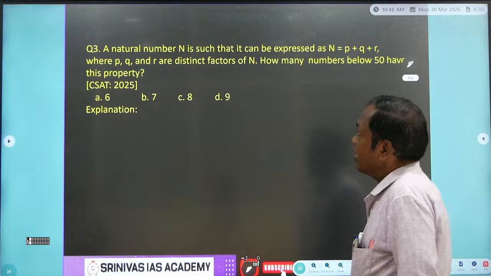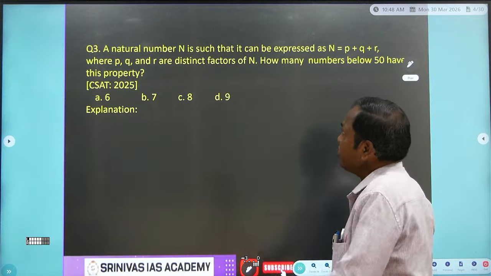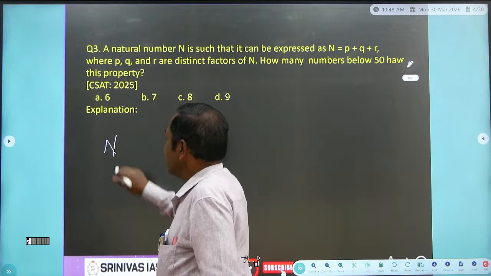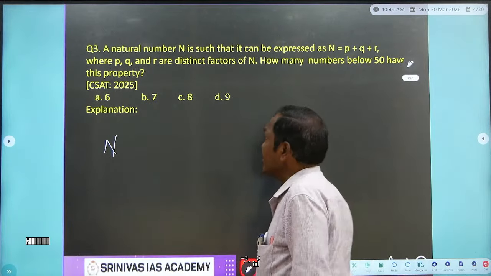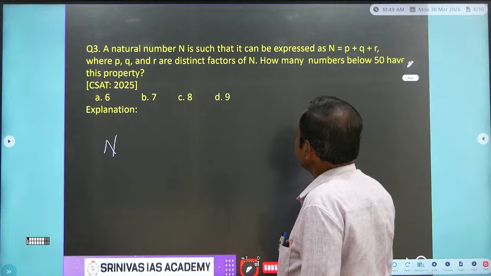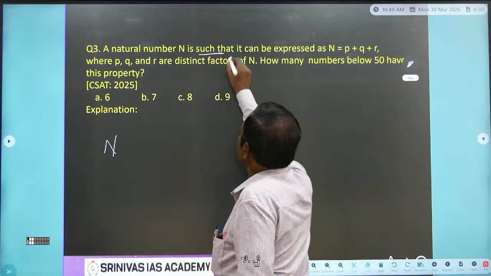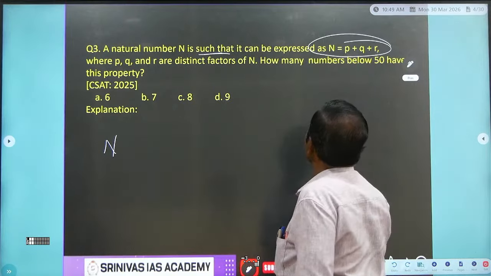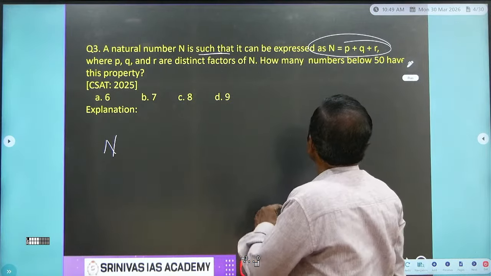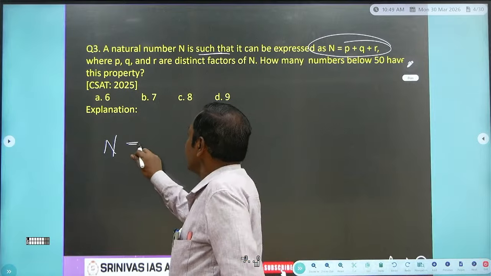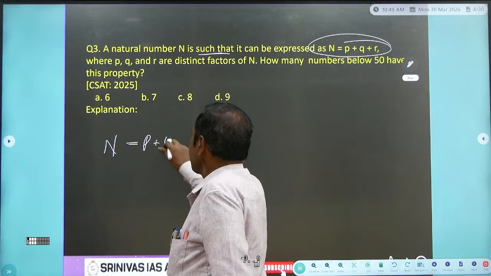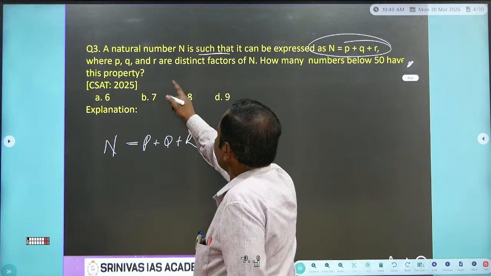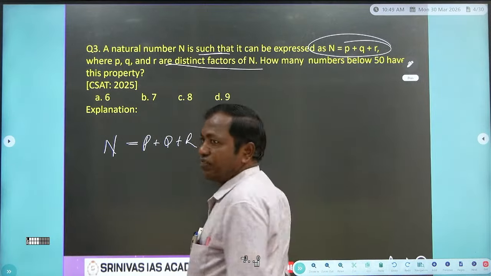Yes, next. A natural number n. Let's write n is a natural number, such that it can be expressed as 9 equals p plus q plus r, where p, q, r are distinct factors of n.